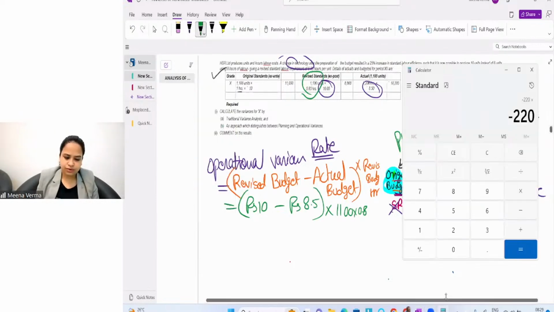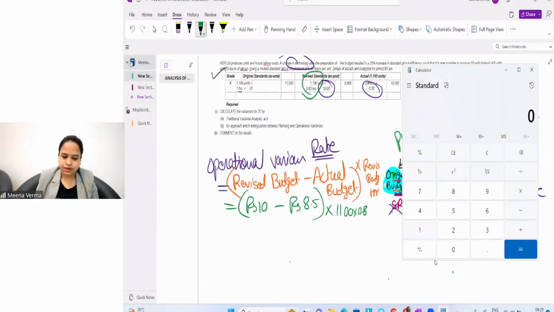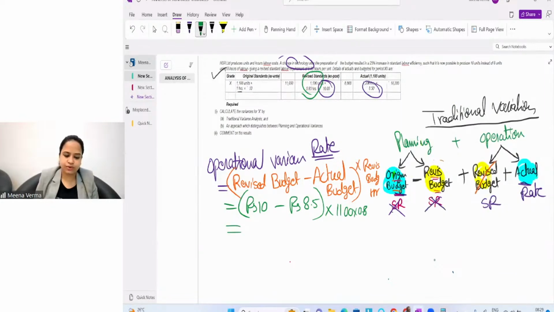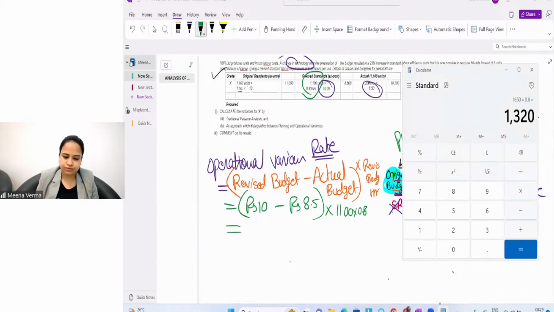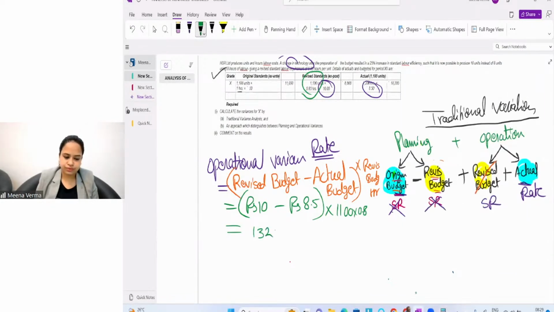Okay. 10 minus 8.5 into 0.8. You can see it's a favorable variation. Right? Okay, so in this way, you can calculate the rate variation.